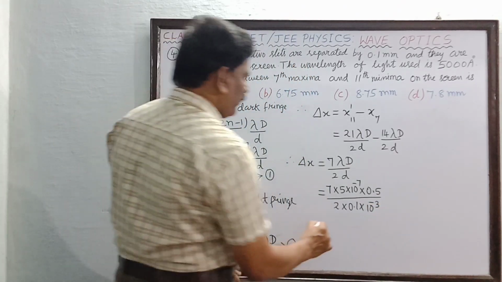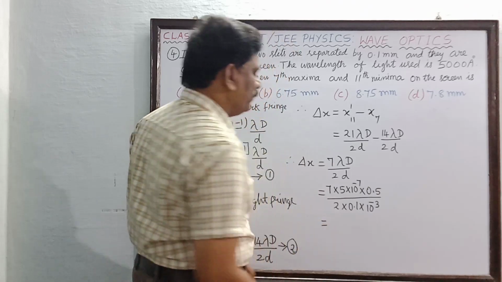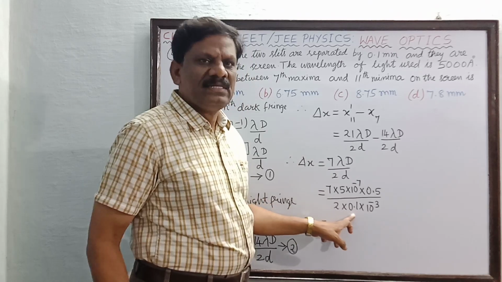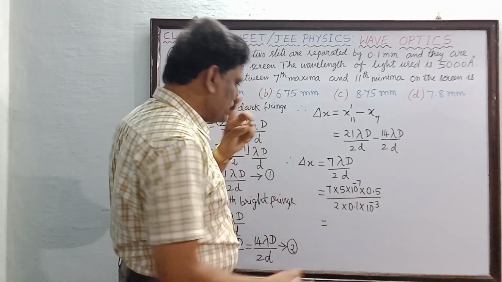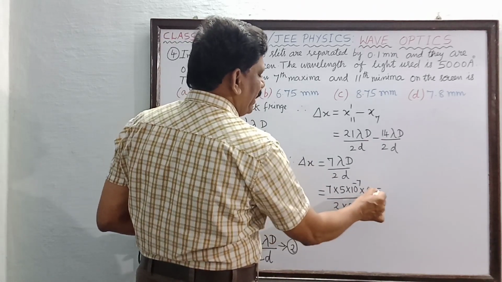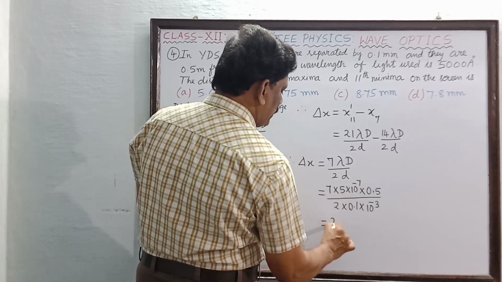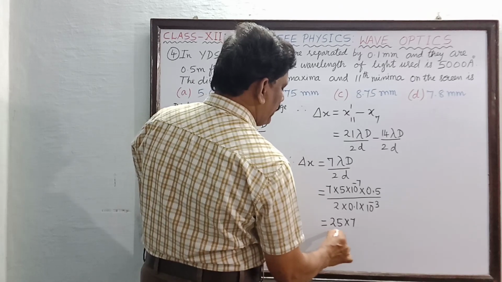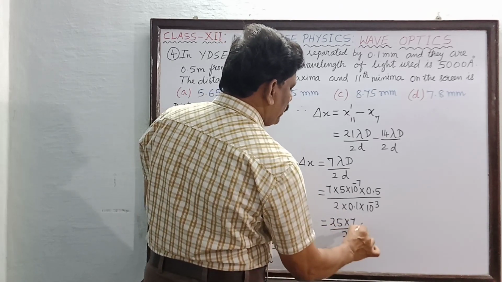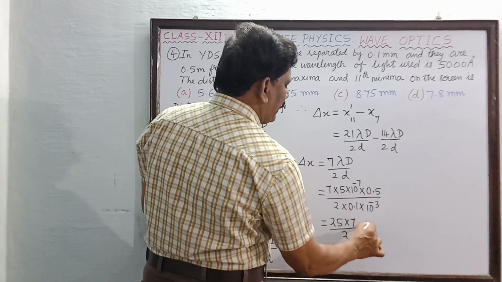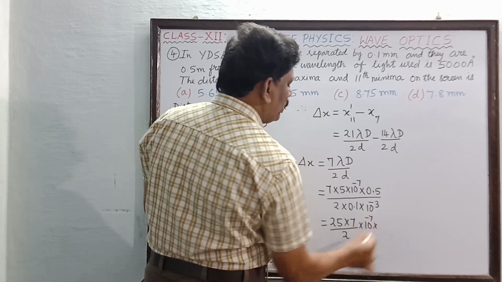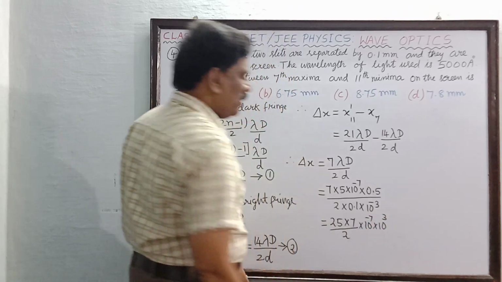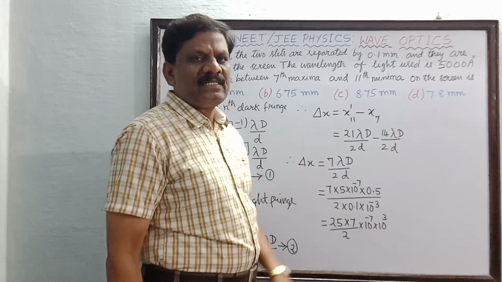Now we will multiply. Here 0.5 divided by 0.1 is 5 by 1, so this is 5. 5 into 5 is 25. So this is 25 into 7 divided by 2 into, here 10 power minus 7 is in the numerator, and 10 power minus 3 comes up as 10 power 3. 25 into 7 is 175.